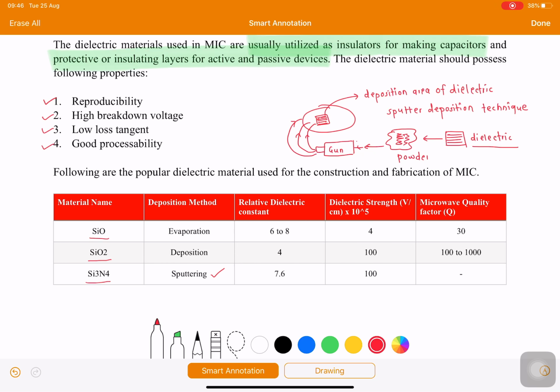Remember that in the sputtering technique, the powder fired by the gun ranges in the size of microns, and even in the form of atoms. So a very fine deposition of the dielectric material we will get with a sputtering technique, and this is a sophisticated deposition method, right?